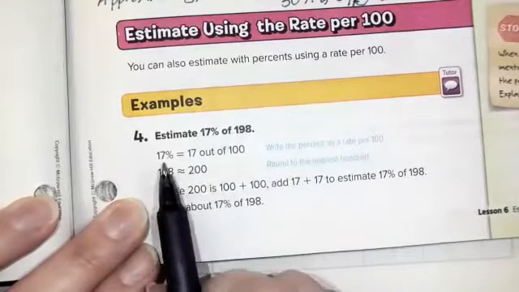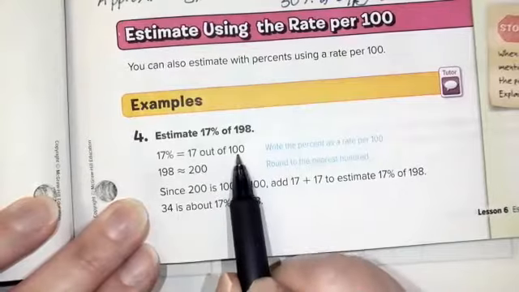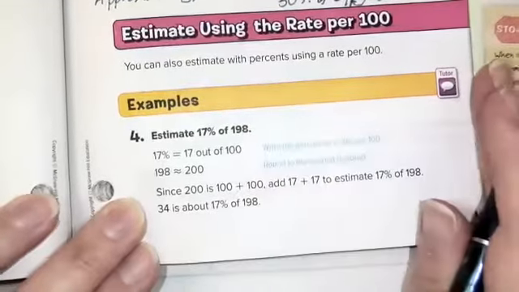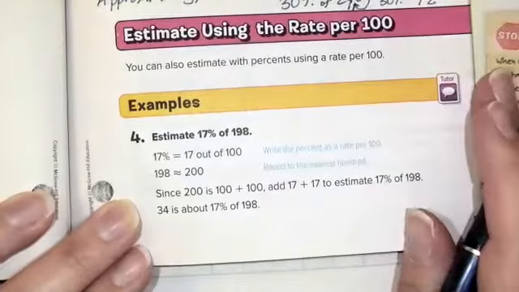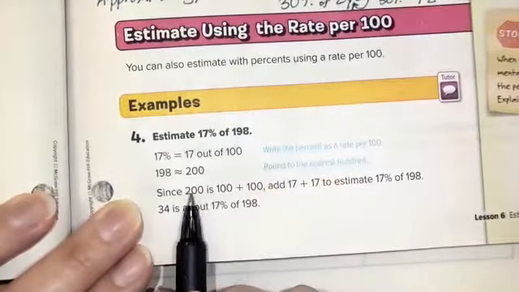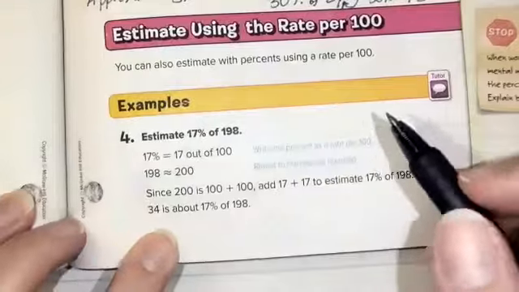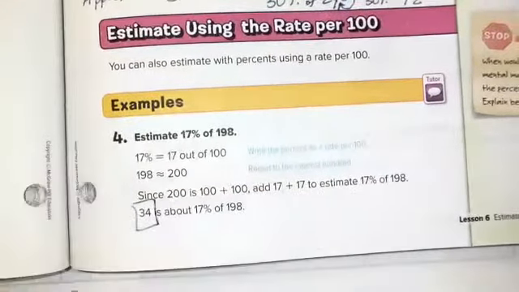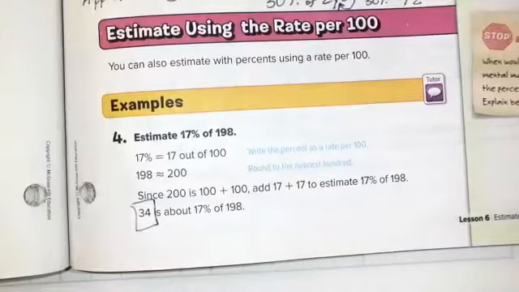All right. So 17% of 100 would be 17. 198 is very close to 200. So if 17% of 100 is 17, 17% of 200 would be about 34. Okay. So approximately 34.